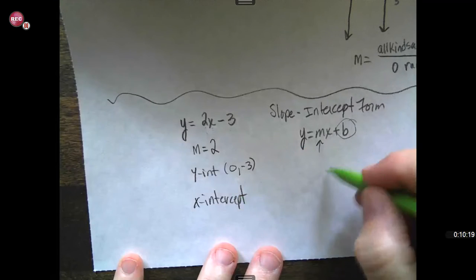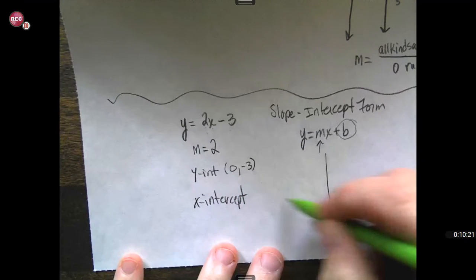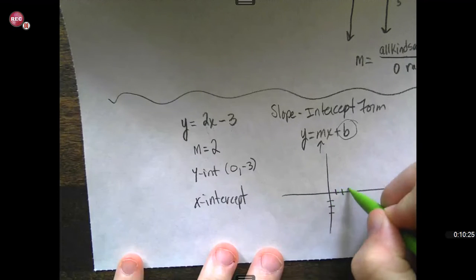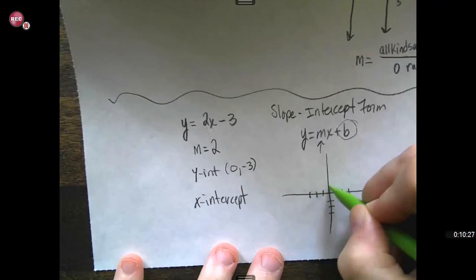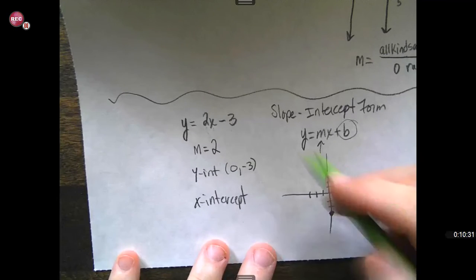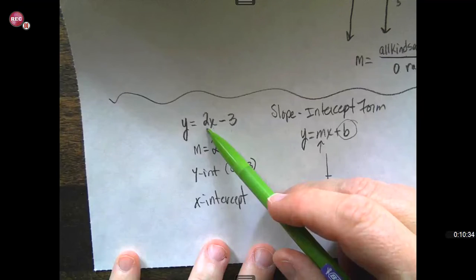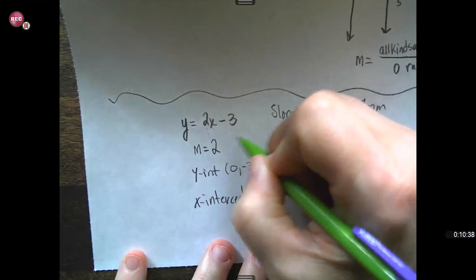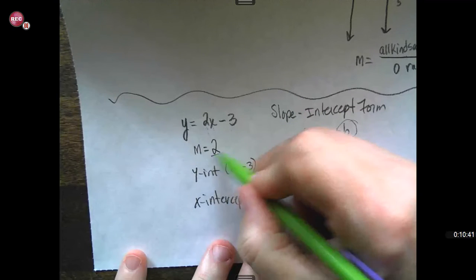It's a linear equation. So to graph this, I start at negative 3 on the y-axis, which is here. And then I use my slope. Slope is rise over run. So the slope of this line is 2, and that's 2 over 1.